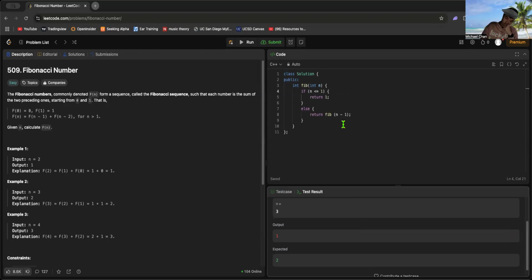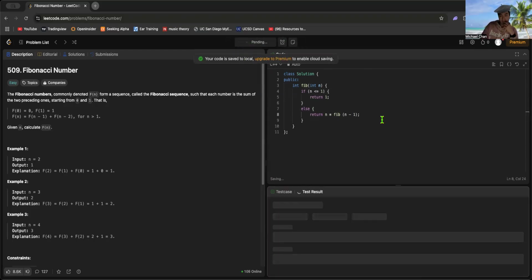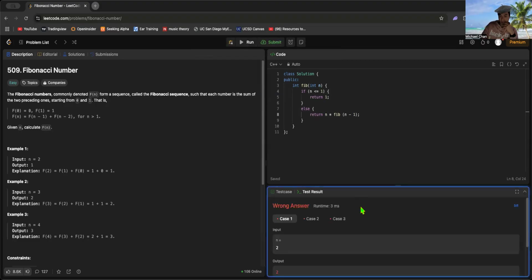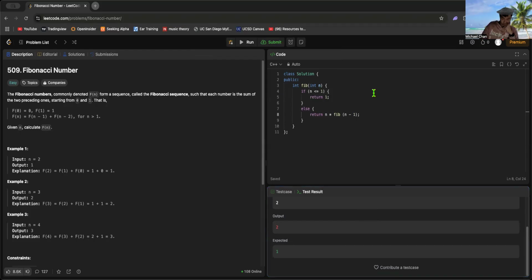3, that's 2. Wait, what am I doing wrong? Else 3 times fib 2, 2 times fib 1.